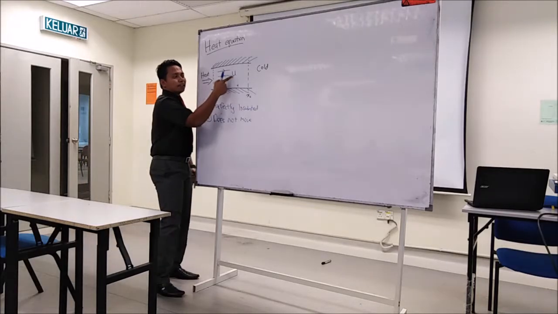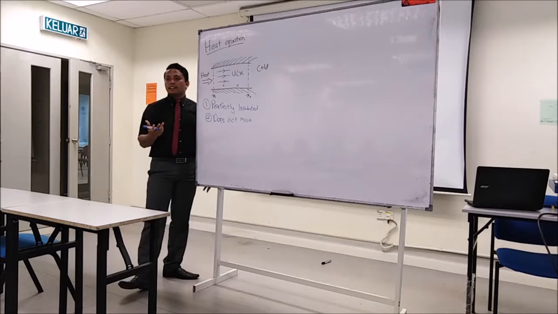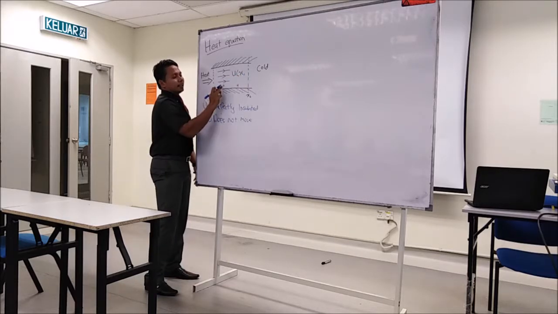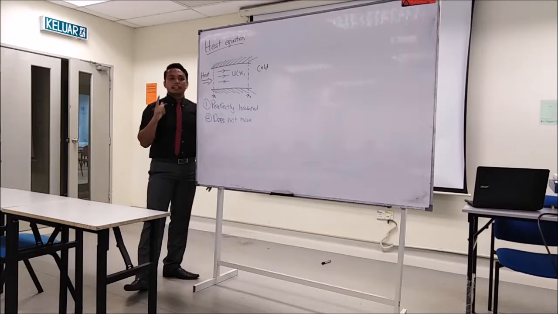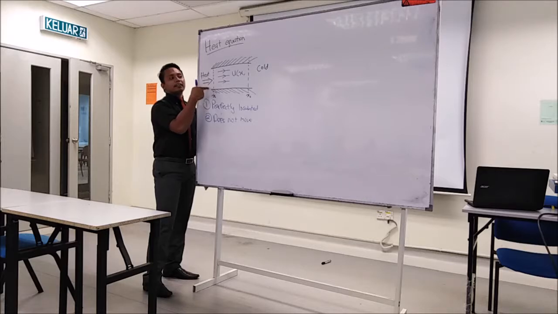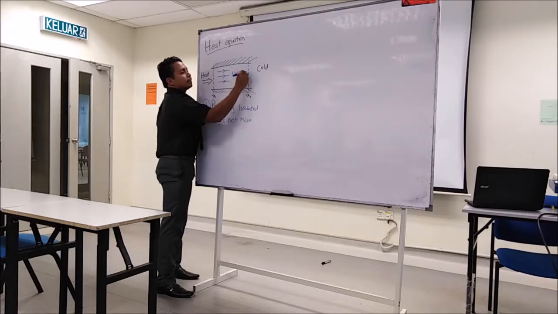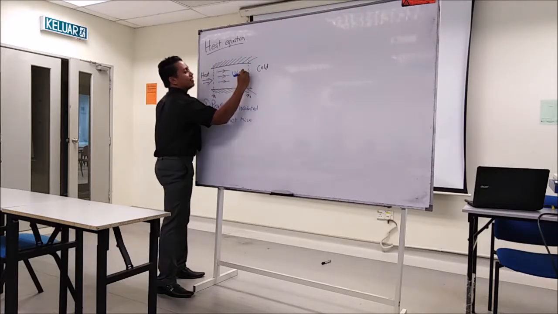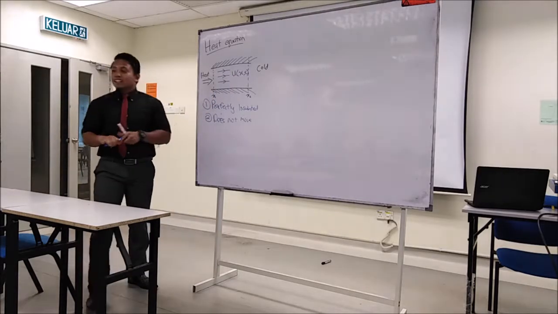No. So now our temperature U depends on where it is. Here is different, here is different. And it also depends on time. The longer you supply heat, the higher the heat in this region. Alright, so this is it. Now, does everybody understand? Yes.